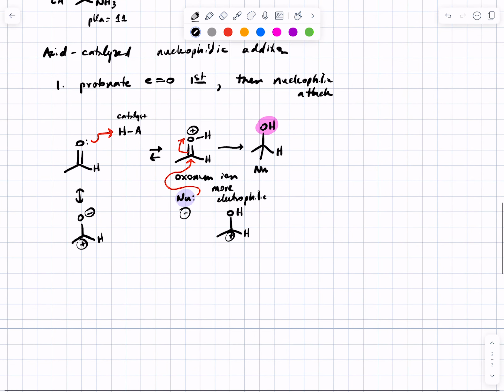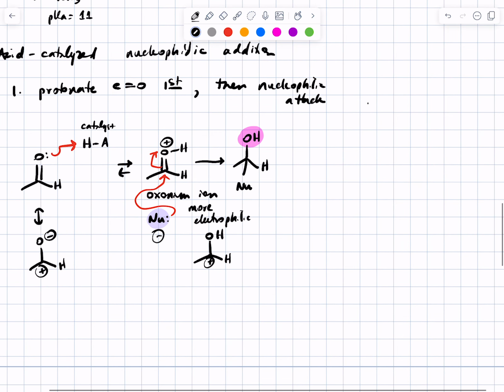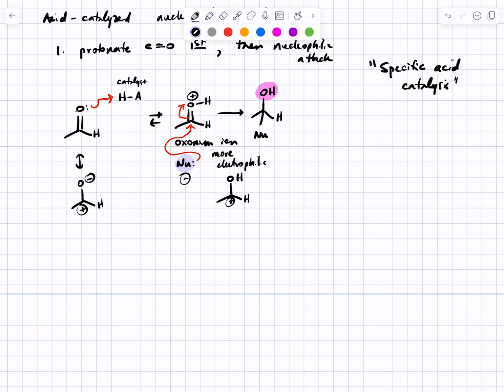And this doesn't matter, and I'm not going to test you on this term, but you're going to encounter this term in biochemistry, so we'll talk about it now. This is called specific acid catalysis. Anytime you protonate first, and then the reaction happens, that's called specific acid catalysis.